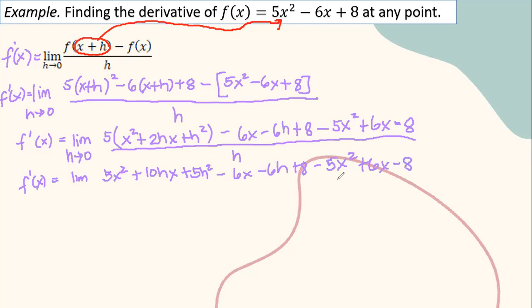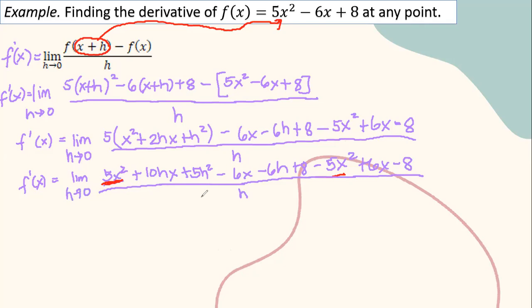Okay? So let's find common terms. Lahat ng mga may x squared na kasama. So 5x squared tapos negative 5x squared, that is over h pa rin as h approaches 0.